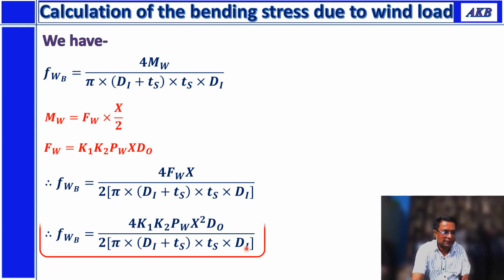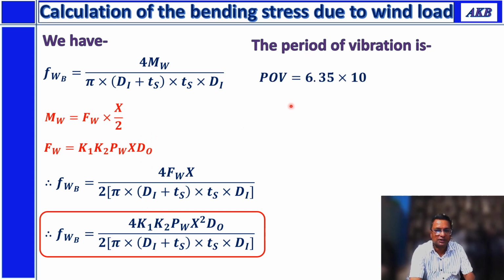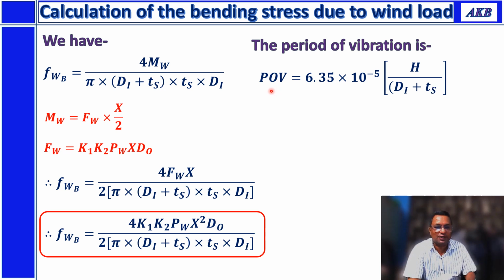Then the period of vibration. In order to calculate values of K1 and K2, we need to calculate period of vibration, and period of vibration is given by this equation.